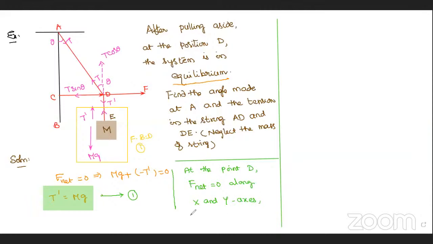So I can write, along x-axis, F towards right and T sine theta towards left. So F minus T sine theta equals 0. And along y-axis, mg downwards, T cos theta upwards. So T cos theta minus T dash equals 0 at the point D.